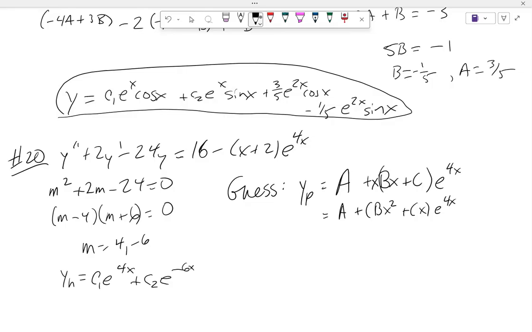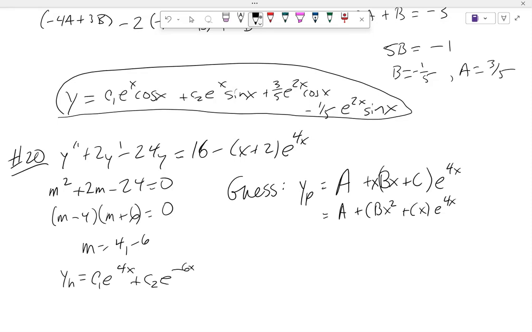Even if this 2 hadn't been there, I would have needed the same thing. Then I need some stuff to cancel out. So I have to be a little bit careful with that. And then also, I need to take this adjustment x and multiply it all the way through because of this e to the 4x that popped up in the homogeneous part. I've got to adjust both of those things. We see where that came from? It's an important piece, right?